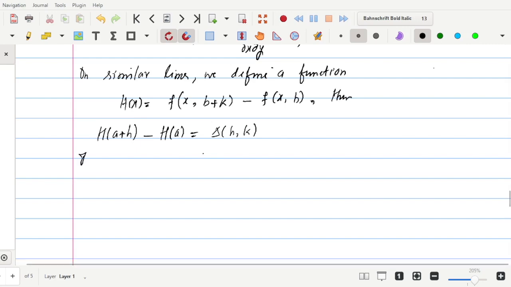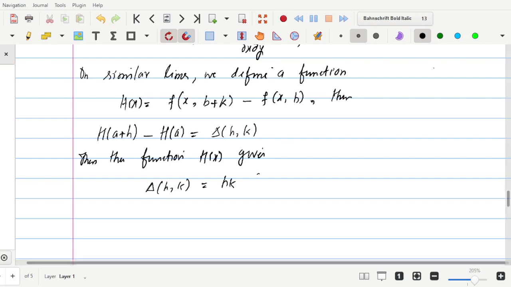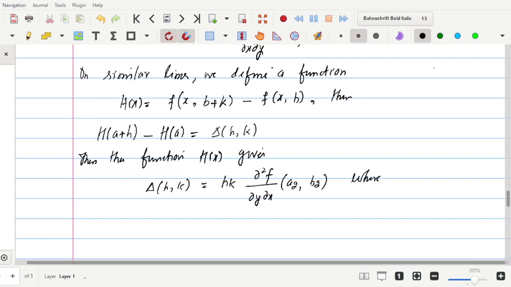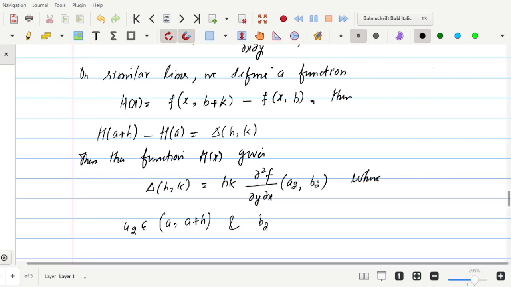So then the function h of x gives this delta of h k is equal to h k times del square f by del y del x at some point a2 comma b2, where this point a2 belongs to the interval a to a plus h, and point b2 belongs to the interval b to b plus k.